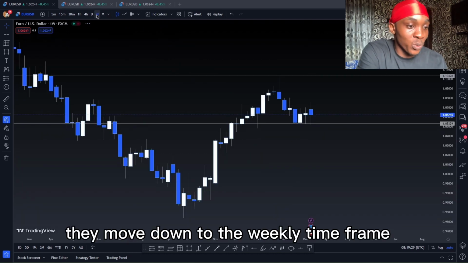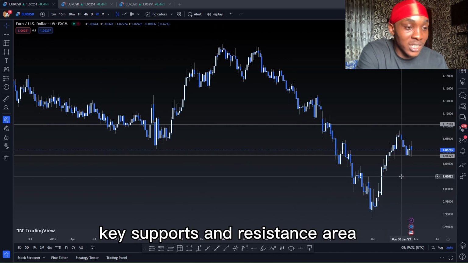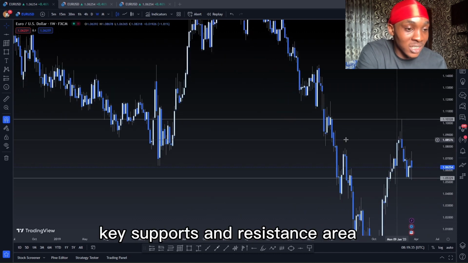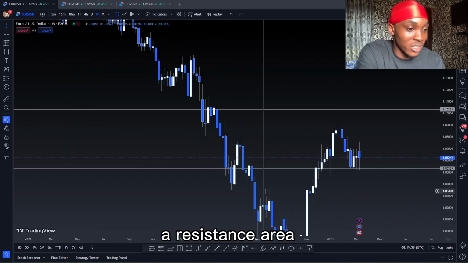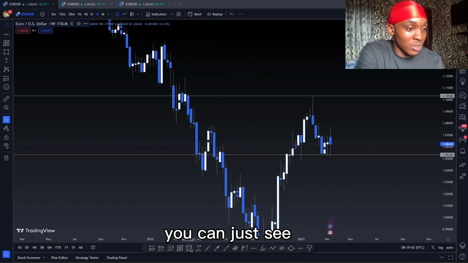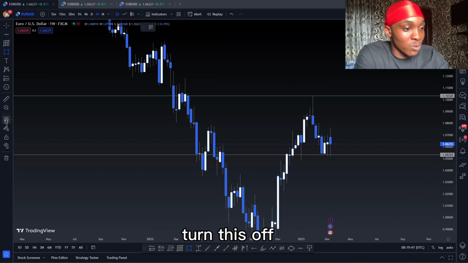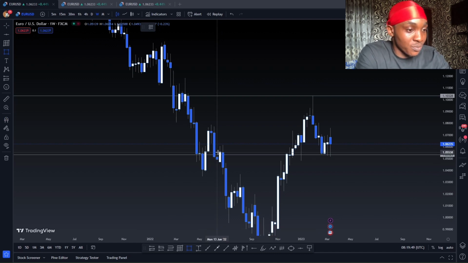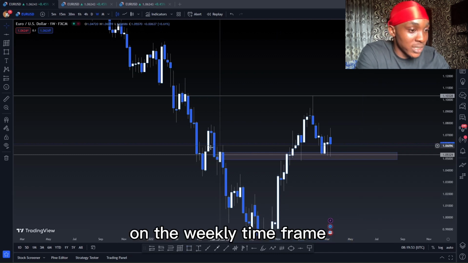Then you move down to the weekly time frame. What are you looking at on the weekly time frame? You just look for key areas, key support and resistance areas. Not too much. You can see this whole supply area here, or your support and resistance area on the weekly time frame.